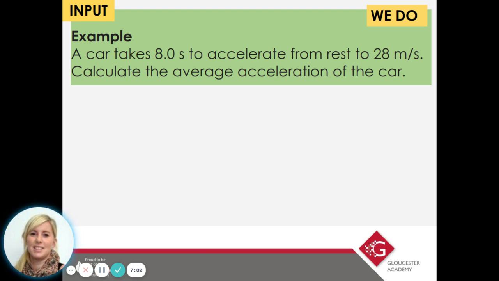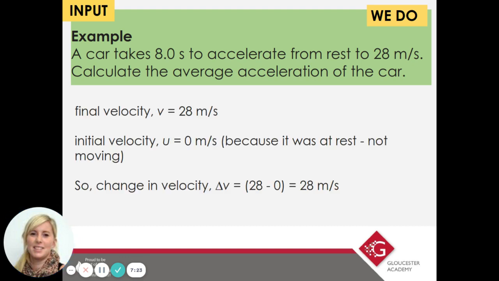So it goes from 0 to 28, which means its change is 28. But what you do is you always take the final velocity first. So you take the 28 minus the 0, and it won't always be a 0, but 28 minus the 0 obviously equals 28, and that's your change in velocity.